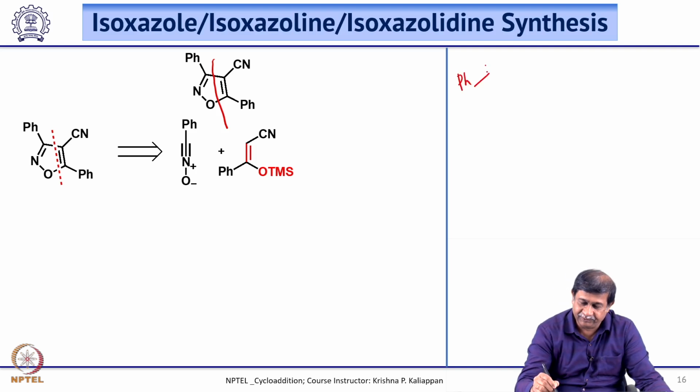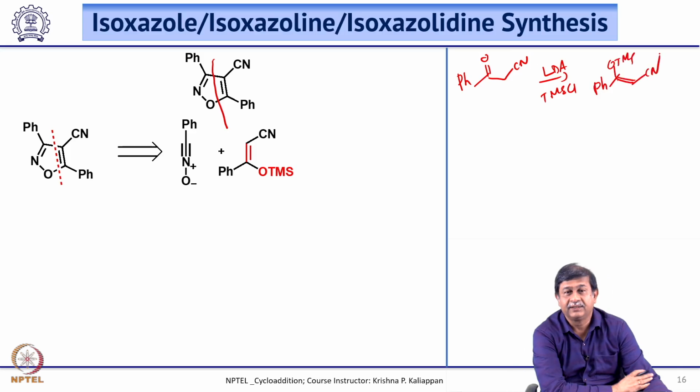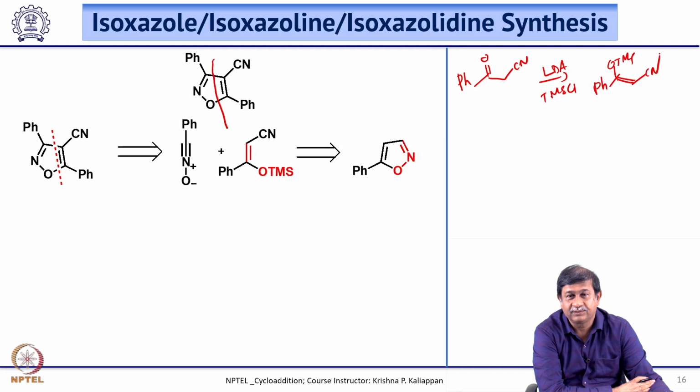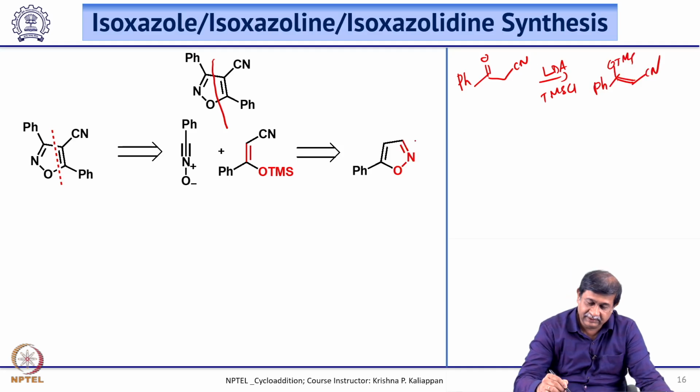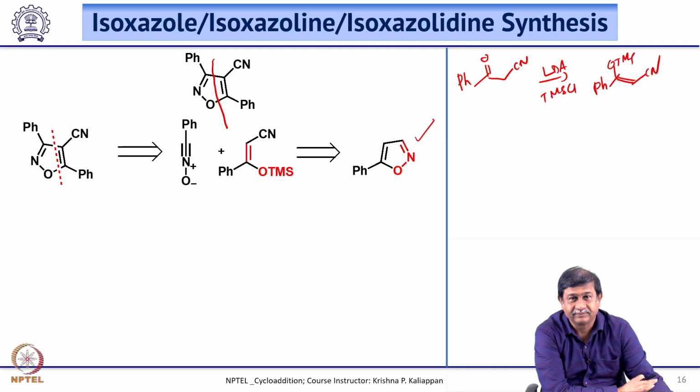For example, if you have this compound, then with LDA and quenching with TMS chloride, you can get this one, or one can also get it from this stable compound.